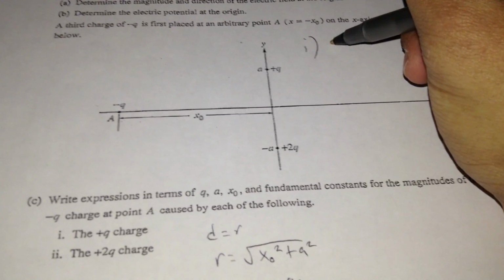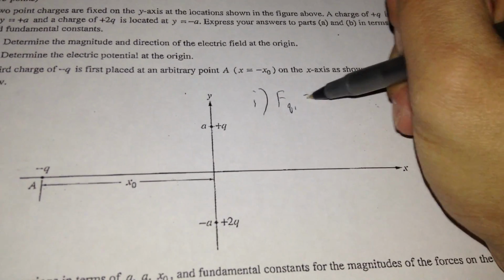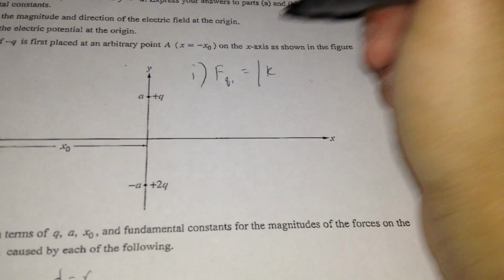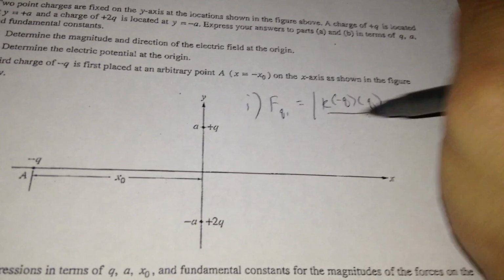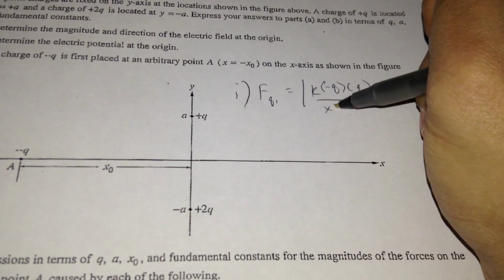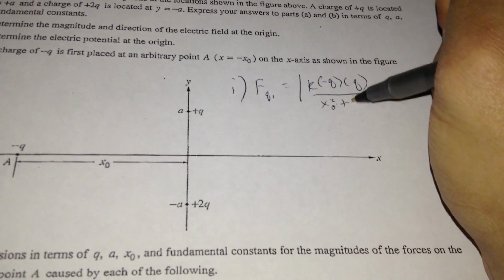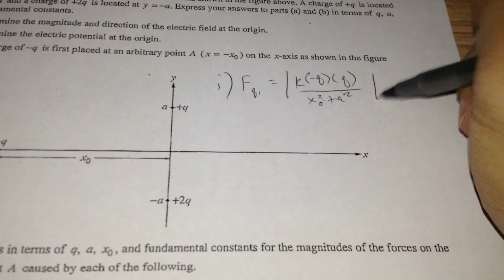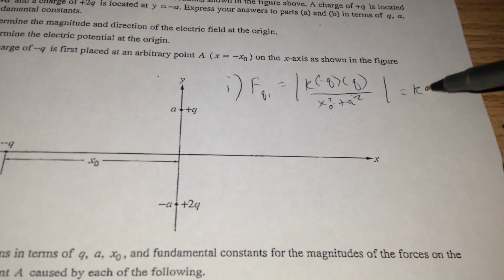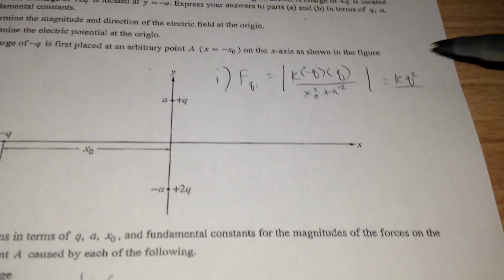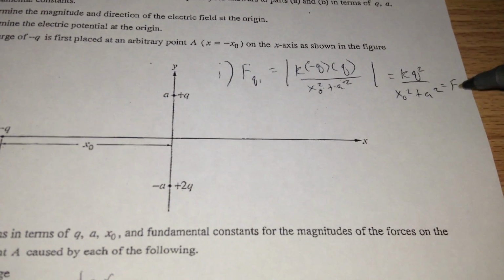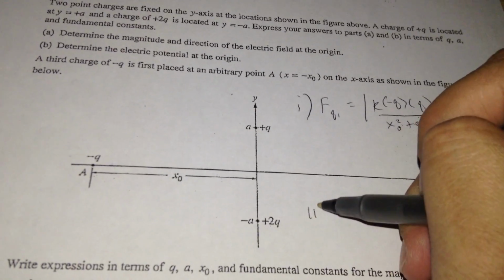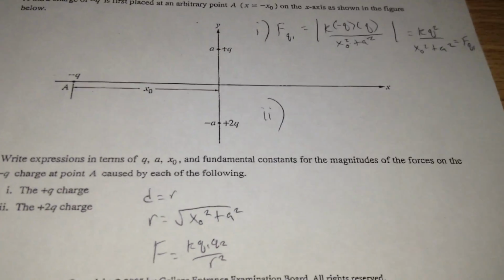For the first one, the force F q1 is equal to k negative q times q over r squared, which is x sub 0 squared plus a squared, which in the end is equal to kq squared over x sub 0 squared plus a squared. That's for the first one.